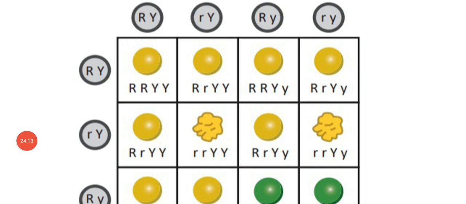Dear students, see the checkerboard. This figure is known as the checkerboard. 2 dominant traits are present in 9. 9 with the 2 dominant traits, isn't it? See that one, that yellow round which has capital R and capital Y. All these 9 have 2 dominant traits or characters.